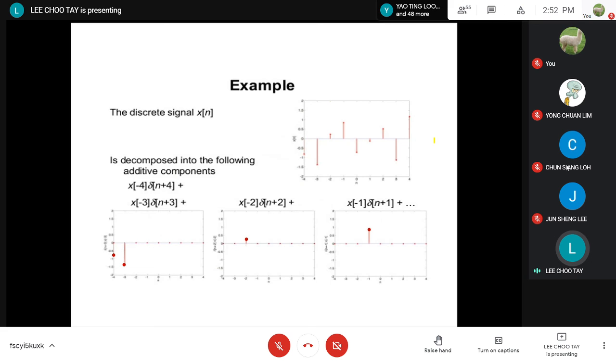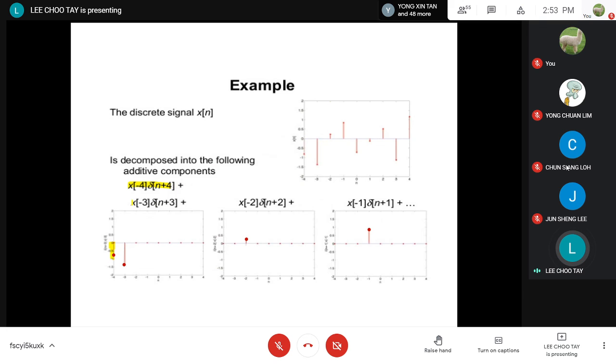If I were to decompose this discrete signal xn, basically I can represent this pulse with this expression for n equals minus 4.